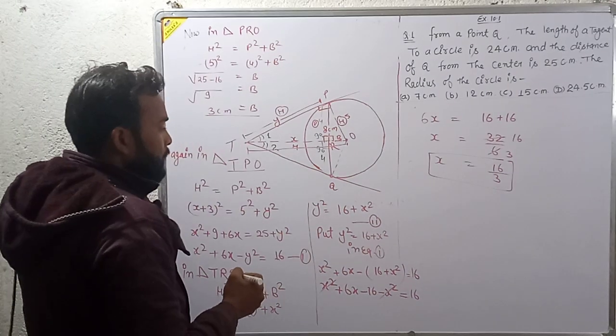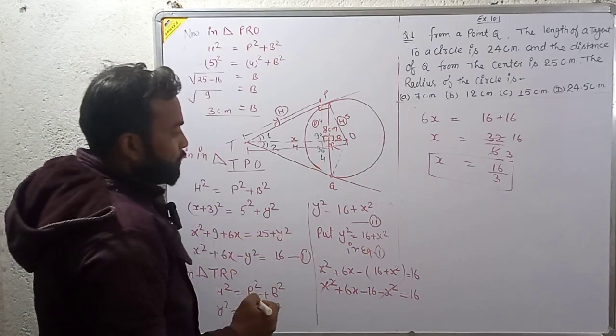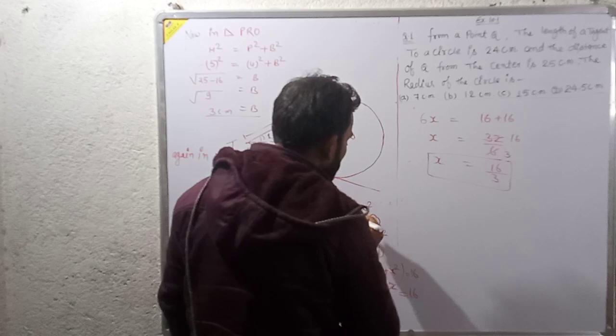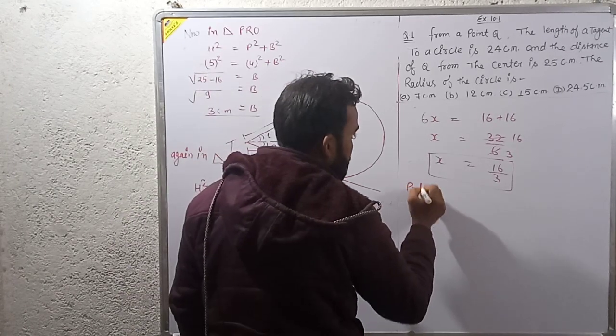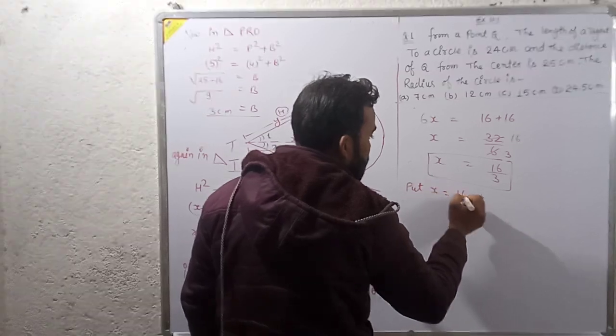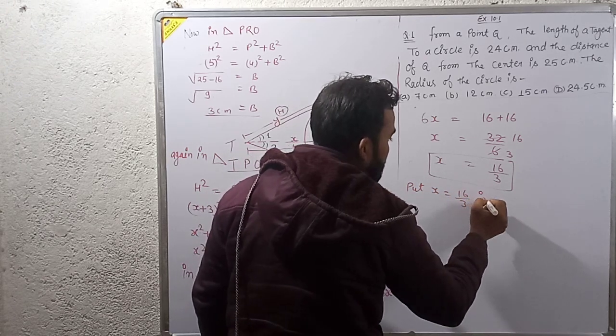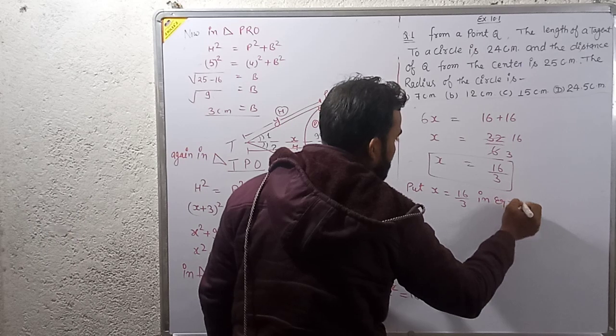Clear? Now we put the value of x in equation number second. Put x is equal to 16 by 3 in equation number second.